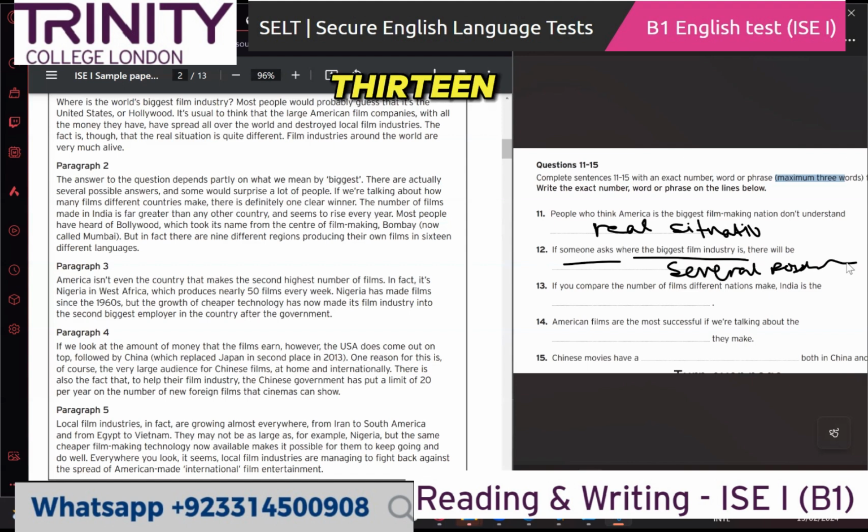13. If you compare the number of films different nations make, India is the blank. The answer is Nigeria. No, sir. India is the Nigeria doesn't make sense. If we compare the number of films different nations make, India is the in the second line.